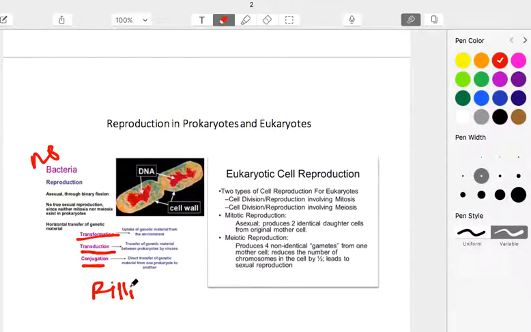The pili join with each other, and they transfer the information. It is the only way they do sexual reproduction.